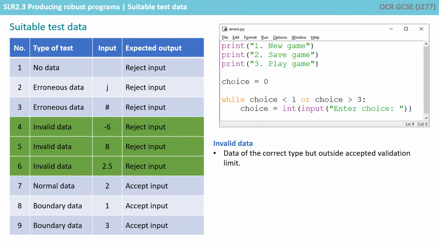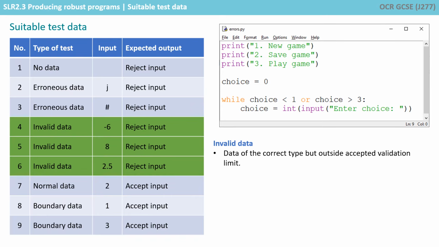So the next 3 tests, 4, 5 and 6, are testing with examples of invalid data. Now this is data of the correct data type but outside accepted validation limits. So as we can see, this program is expecting to receive an integer. Well, test number 4 is accepting the integer -6.